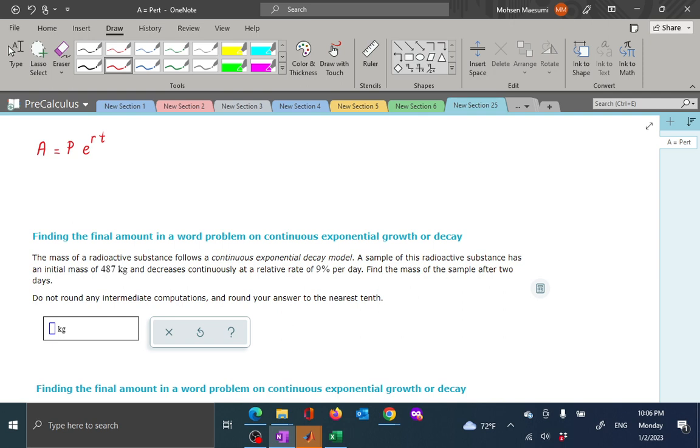So over there, r is the interest rate, P is the original principal, and A is the amount on the account.